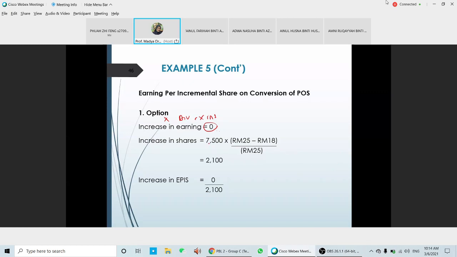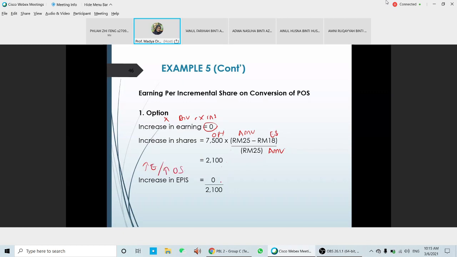You have 7,500, which is the total options given here. Then times 25 minus 18, the average market value minus the exercise price, and then divide by the average market value. So you're going to have 2,100. The increase in EPS here is the increase in earnings divided by the increase in ordinary shares.